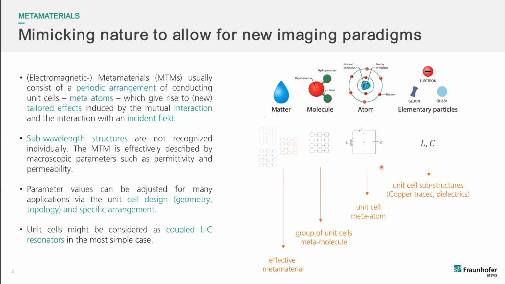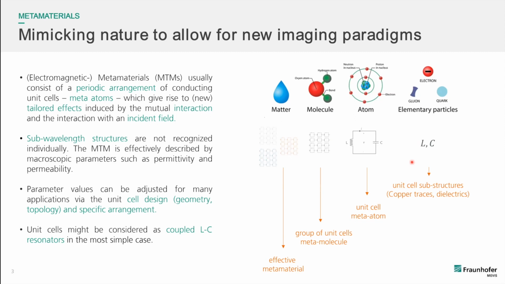The inductance and capacitance are essentially our elementary particles, which we use to form those structures. By getting resonance structures, we can modify the behavior, because depending on where we are in this resonance, we get different effects, different behavior.